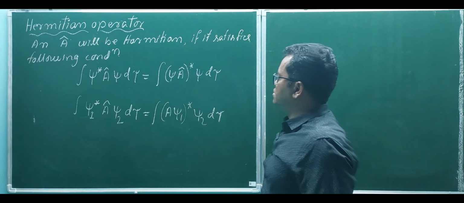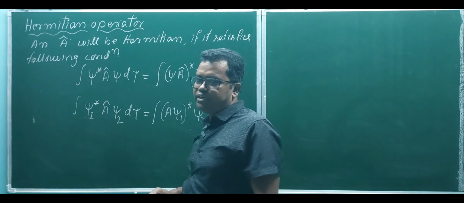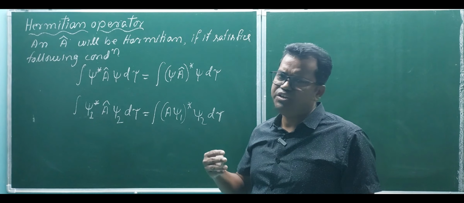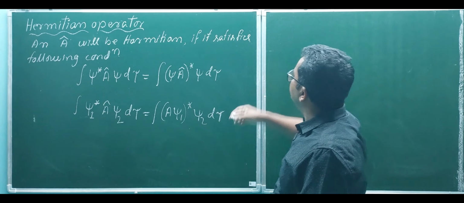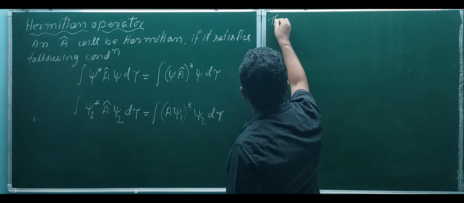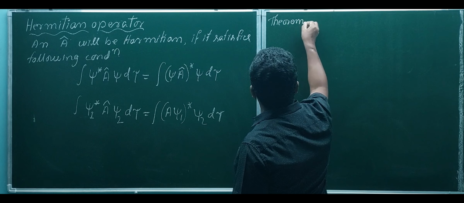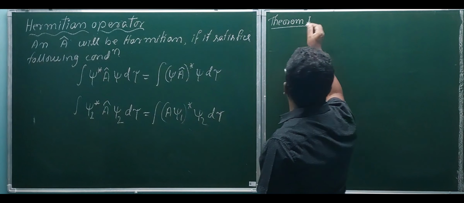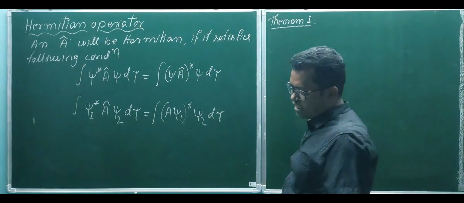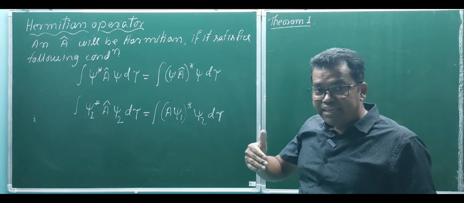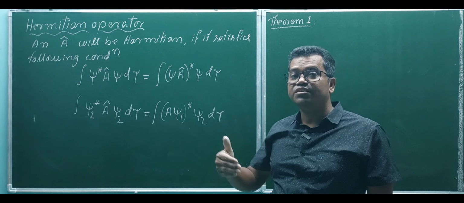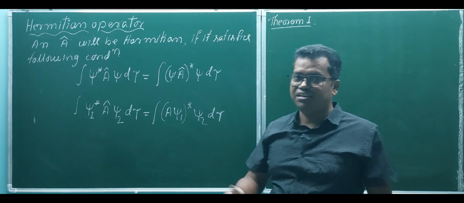Now, the Hermitian operator has two very important theorems. Theorem number 1: eigenvalues of Hermitian operators are real.